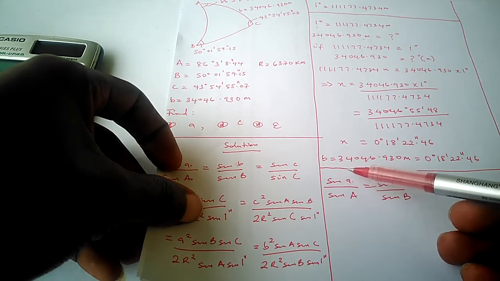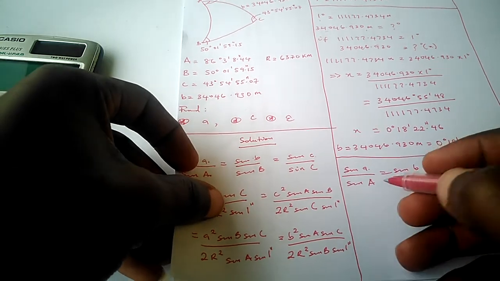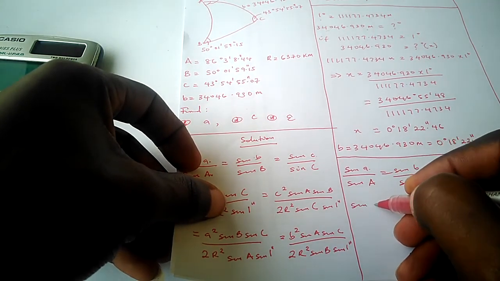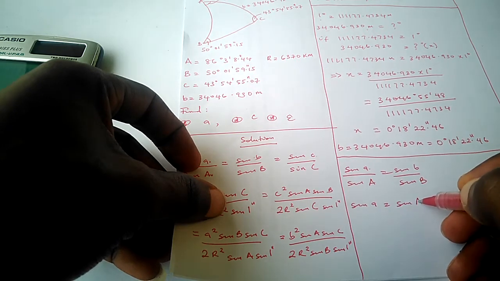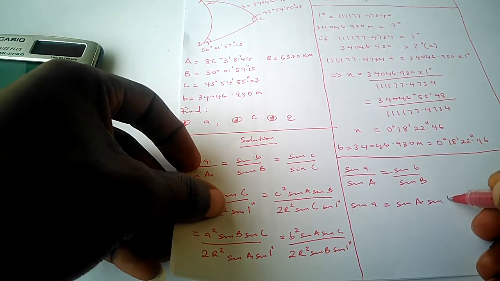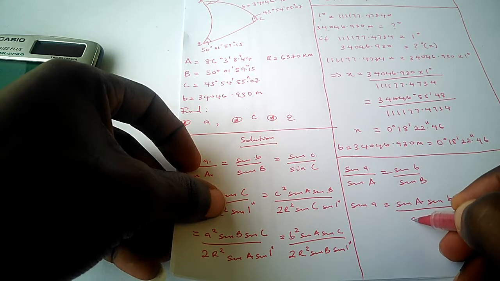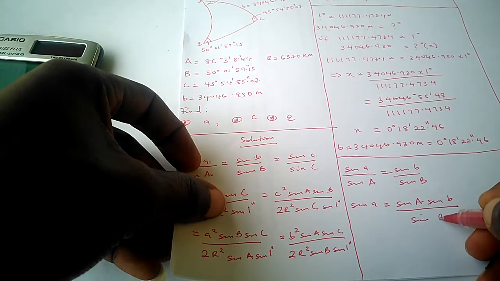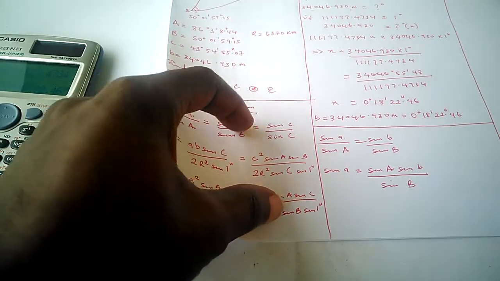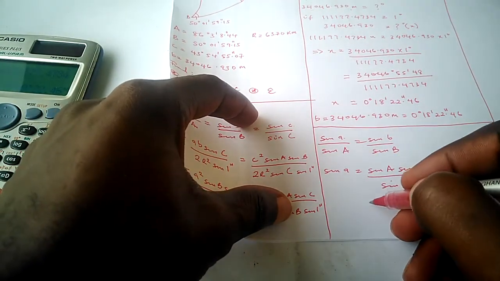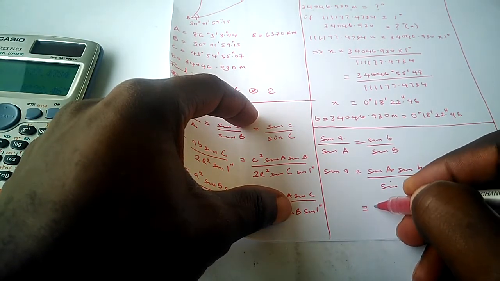By making this the subject of the formula, we have sine A is equal to sine A sine B all over sine B. I hope it is clear. So now let's input the values of each of those letters.